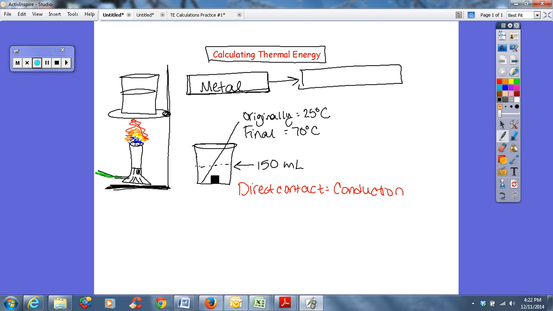Since we saw an obvious gain in temperature for the water, that's the substance that gained energy. That's the water. And what you write in the arrow between is the method of transfer. In this case, it's conduction.